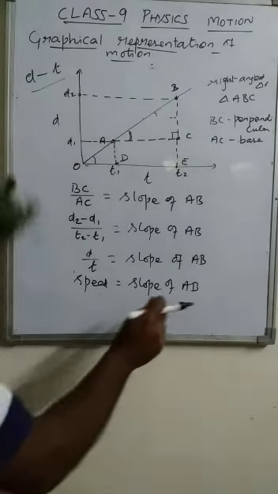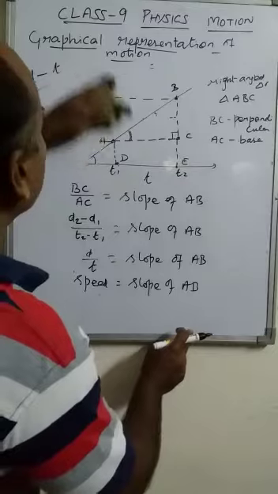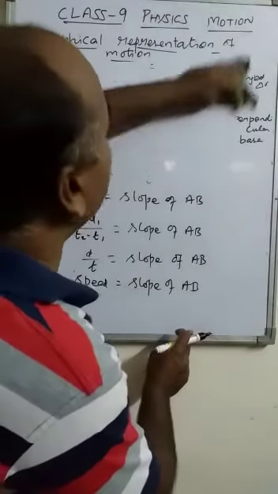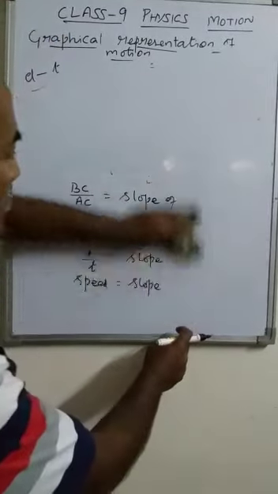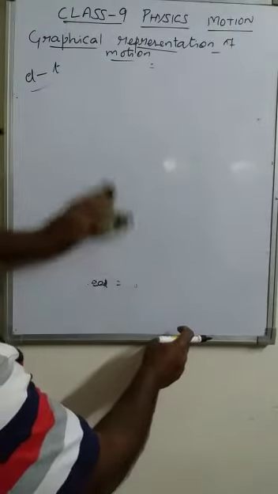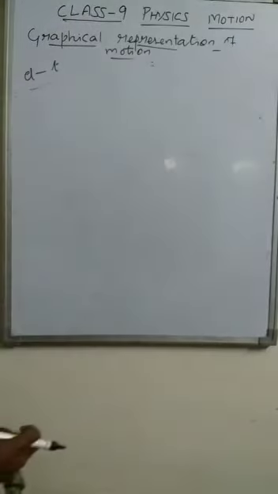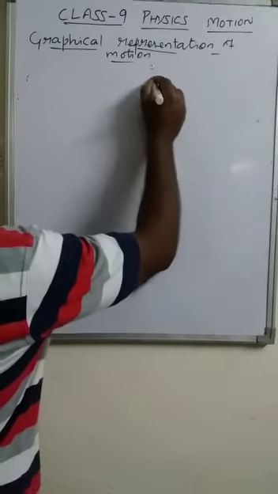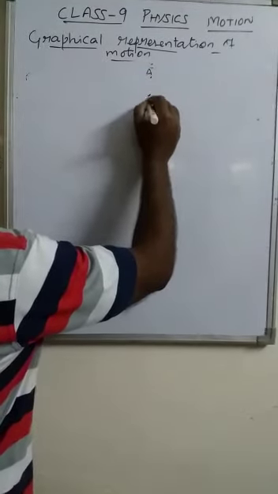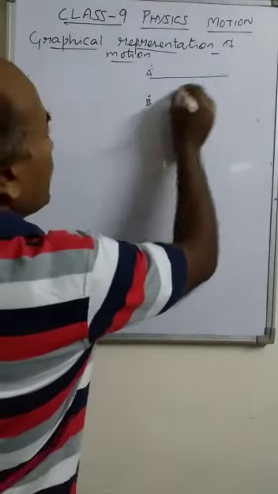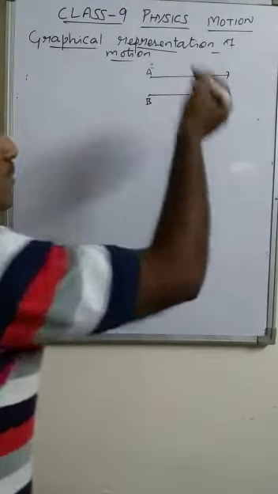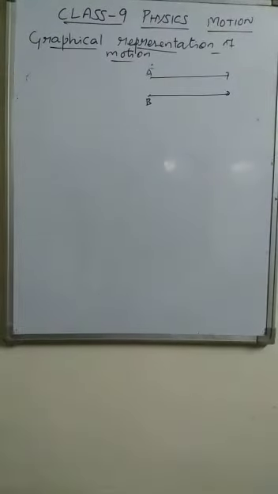If we take two objects, two cars, A and B, they are moving along the same direction, but their speed is different.